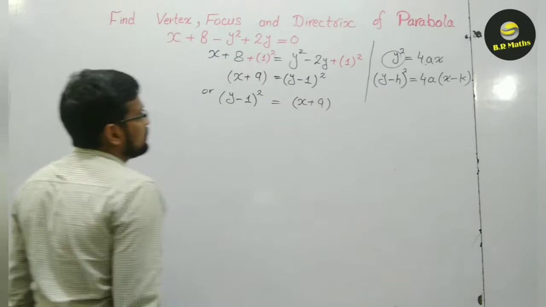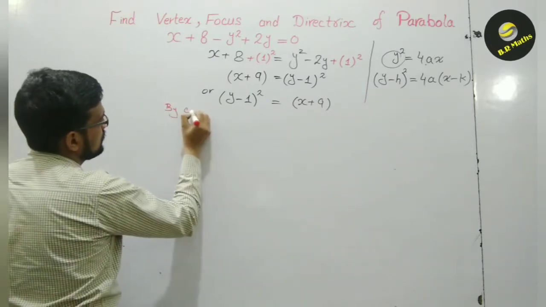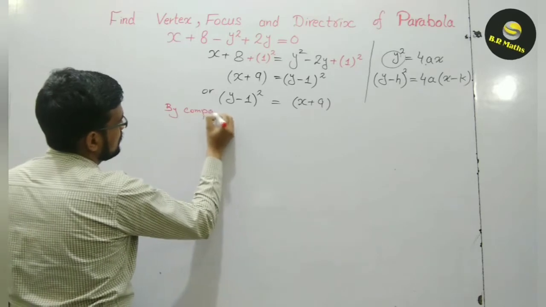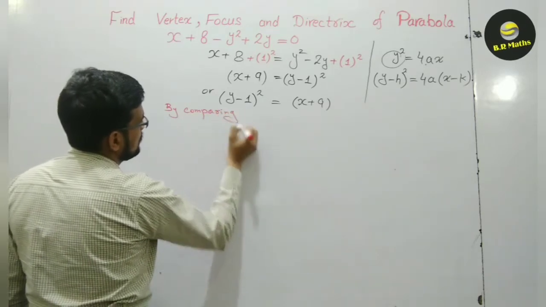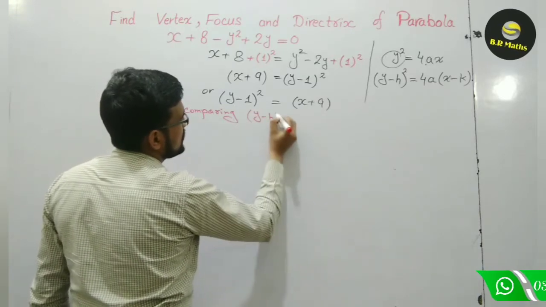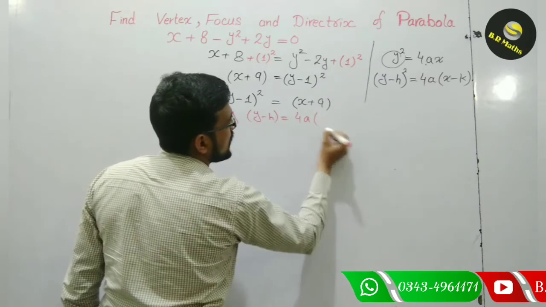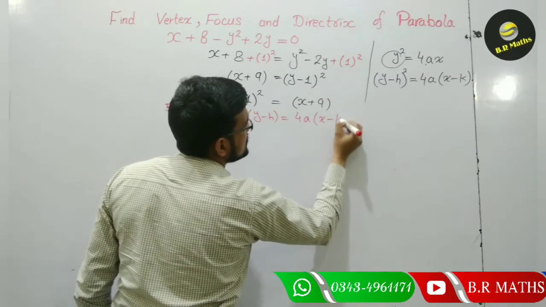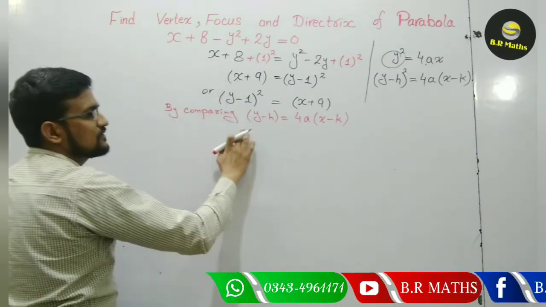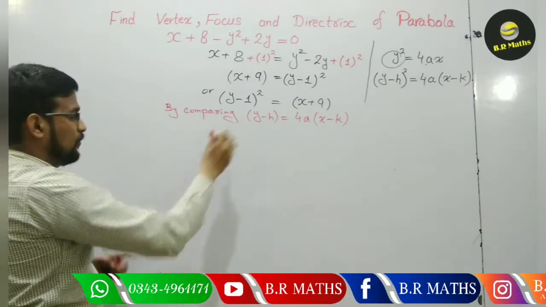Next, according to this rule, by comparing with (y - h)² = 4a(x - k), we find the vertex.